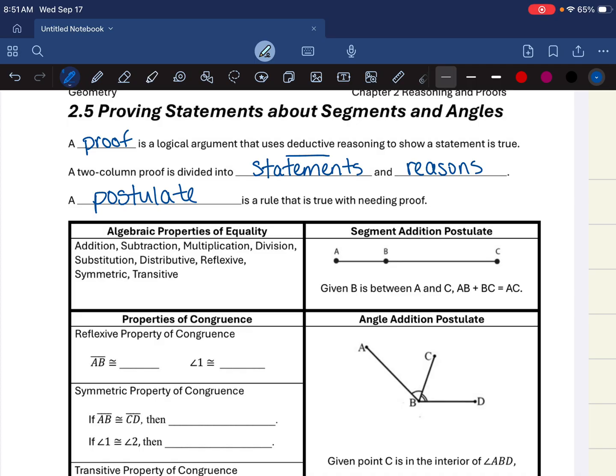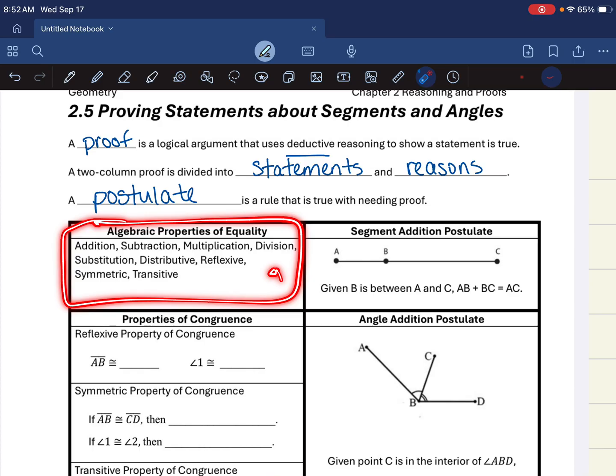Okay, so some of these things we have already talked about, so you will have seen them before. Some of them I'm just giving you a reminder on what they are. Now, the algebraic properties, we spent a whole section talking about these, right? You used those on our quiz we took yesterday, correct?